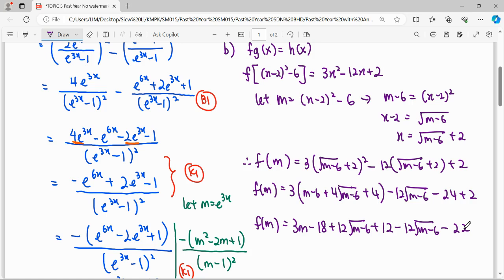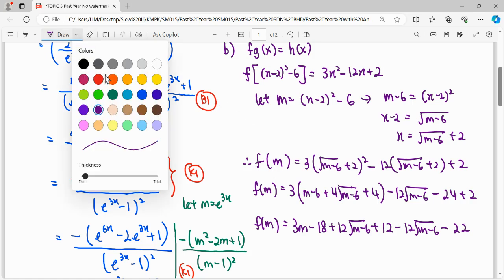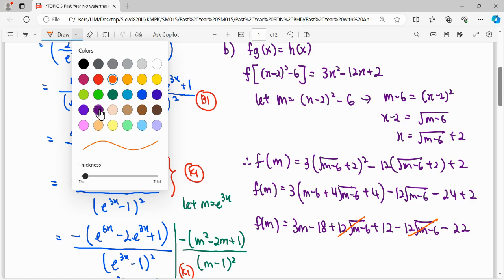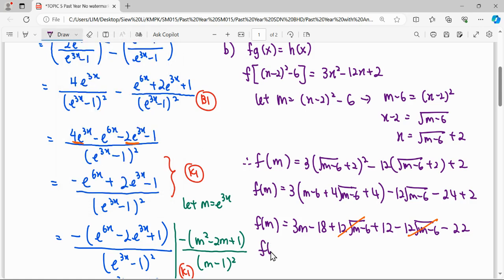Simplify here, plus 2 becomes negative 22. You can notice that 12 square root minus 12 square root becomes 0. Then leaving 3m, we simplify our numbers: negative 18 plus 12 minus 22.